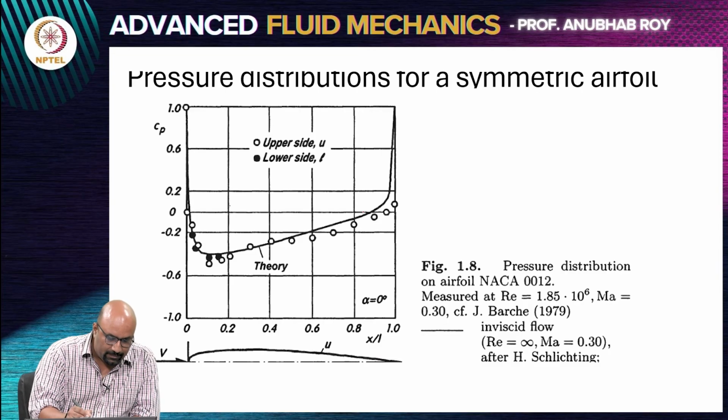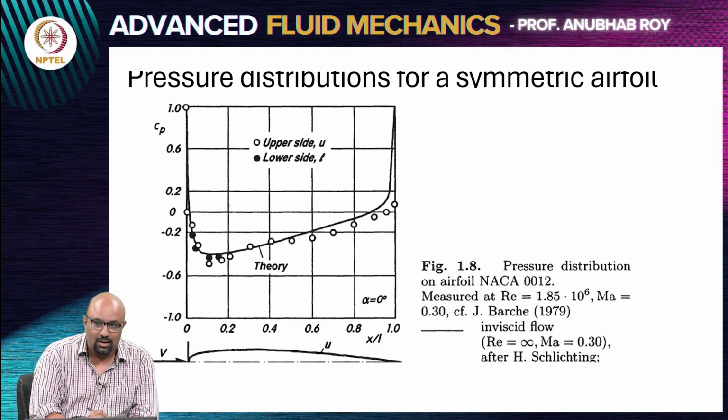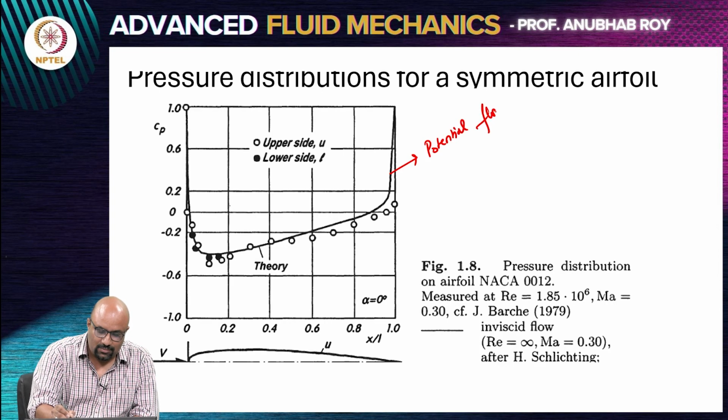You have here the continuous line, which is your irrotational flow theory calculation. This has some effects of compressibility, but for the purpose of comparison you can ignore the Mach number written on the slide here. So, you can think of the continuous line here as what you will get from a potential flow calculation.